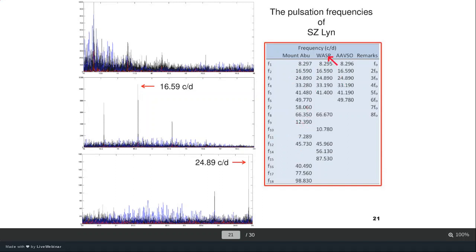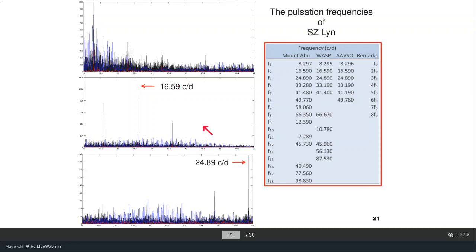From the WASP project we can determine up to 5 frequencies, because the time resolution is very low, and ABVS also determined up to 5 or 6 frequencies, but I determined up to 9 frequencies from Mount Abu data. These are the frequencies I determined, the power spectrum of the frequencies.